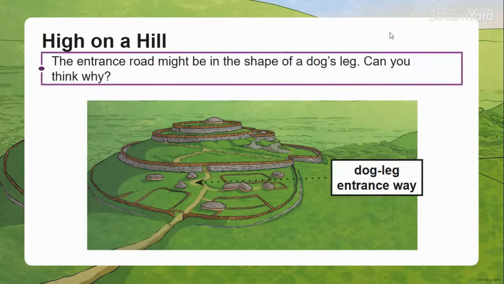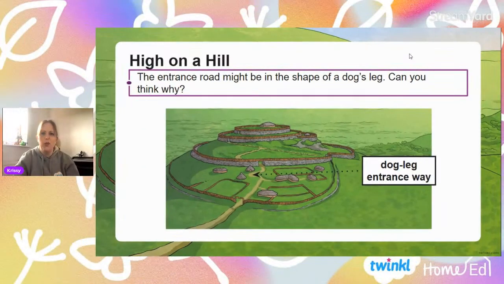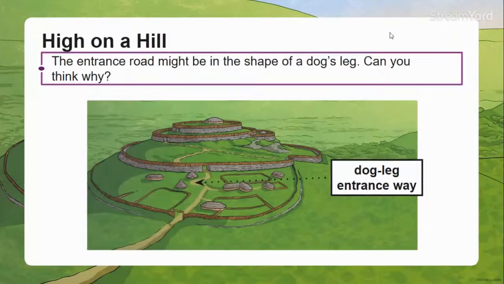It's called a dog leg. I don't know why it's called a dog leg, because my dogs don't look like that. But it's called a dog leg for a particular reason. This is the thing I find the most amazing about Iron Age hill forts. I'm going to give you 20 seconds to look at this and think, why did they make entrances like this?